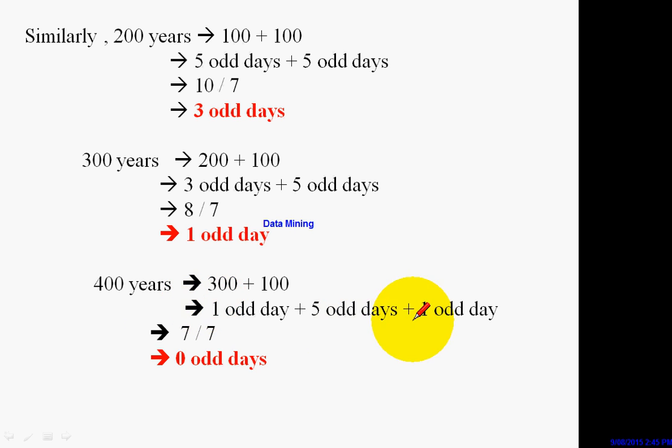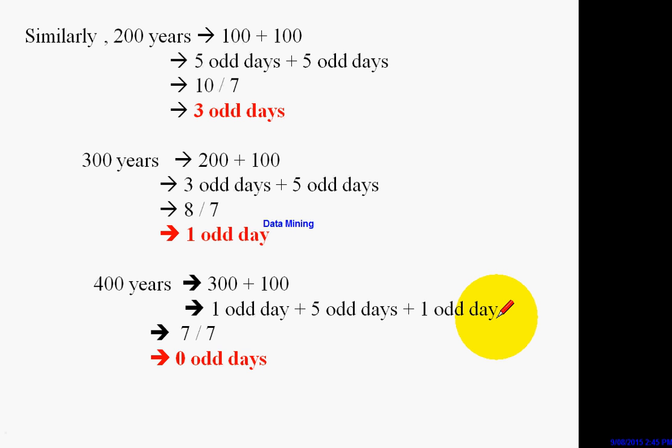You may wonder why I have mentioned this extra 1 odd day. The reason is the 400th year is a leap year. An ordinary year has only 1 odd day, which we have counted here, but a leap year has 2 odd days. So we have left out that 1 odd day, and I have added 1 odd day over here because the 400th year is a leap year.